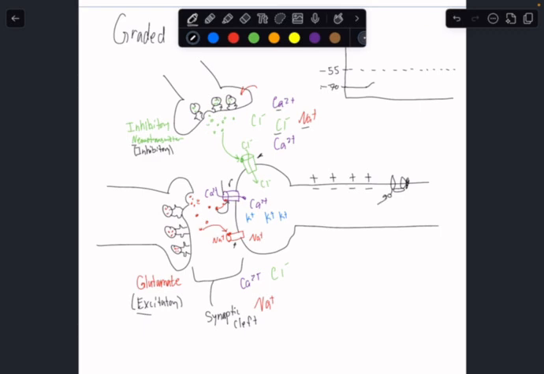So it'll just drop back down here. But with spatial summation, we have multiple that are starting to open up, it's becoming more positive, and then it hits threshold, and it sends that signal because all these voltage gated channels are starting to open up.